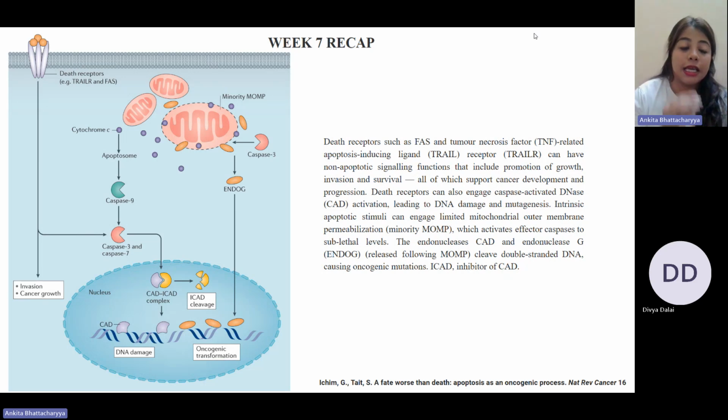So the improper activation of apoptosis, or the sublethal activation of apoptosis, can have functions that promote the growth or development of cancer, and in fact also support its progression. I think I've said this before also, that when everything is working right within a system, you are a healthy individual.